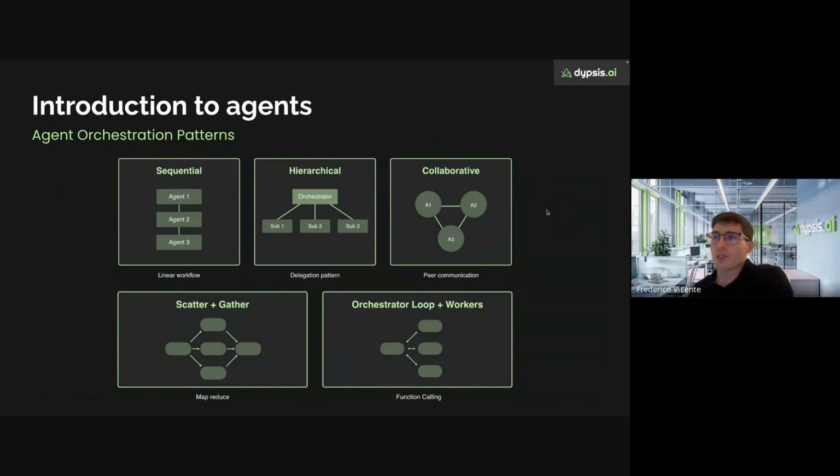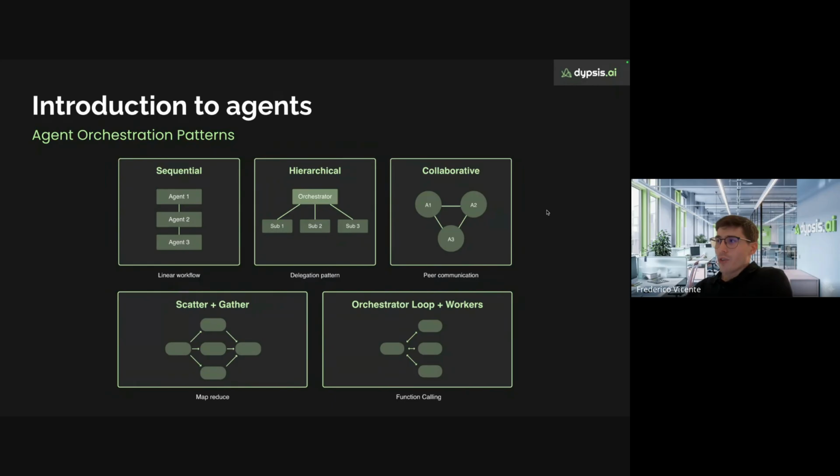You have also the scatter and gather pattern, where you have an agent and then you distribute the compute to other agents, and then you collapse the output to continue some request or task you need to solve.